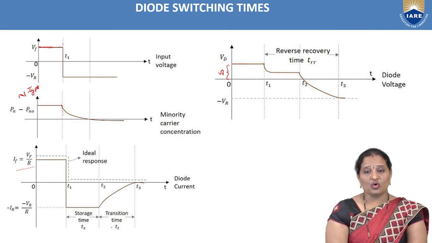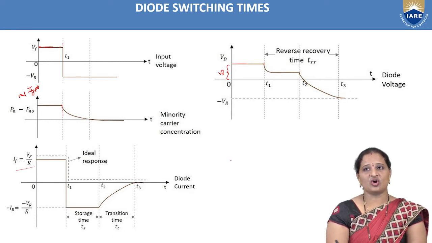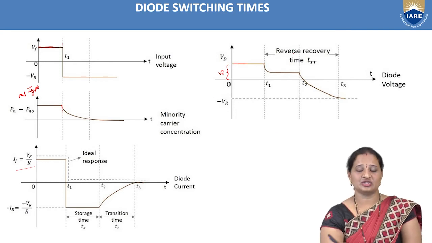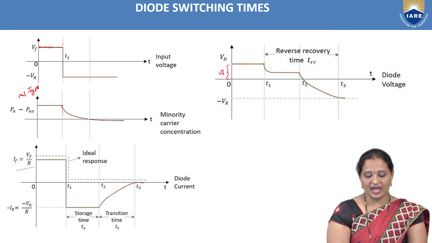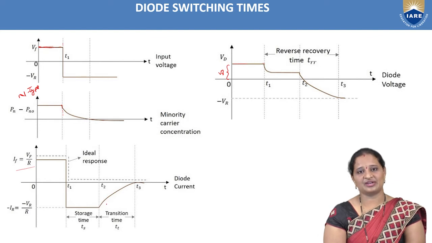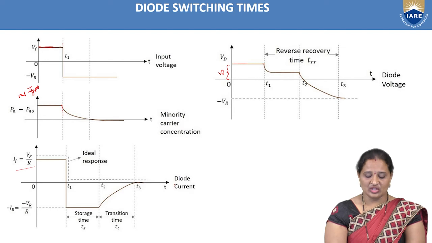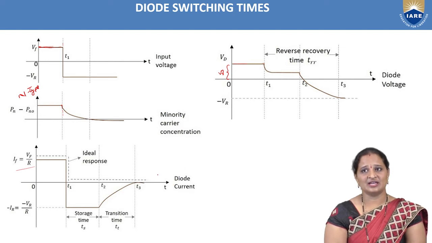The total time, the storage time plus transition time, is called the reverse recovery time. That means this entire time is required for the diode to change its state from steady state forward bias condition to steady state reverse bias condition, which is called the reverse recovery time.